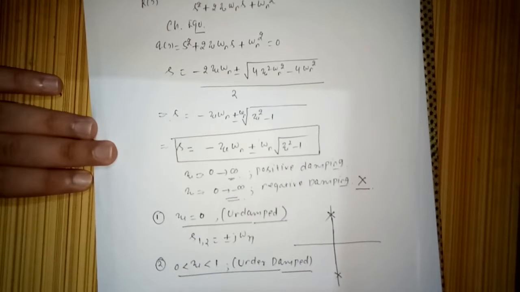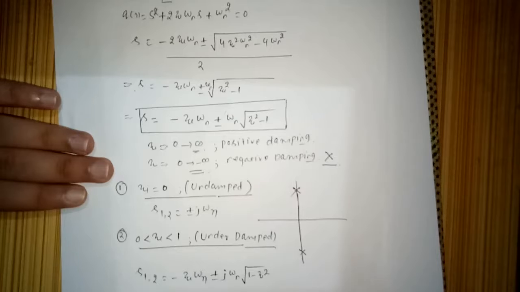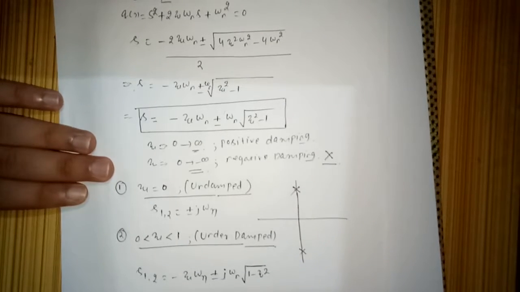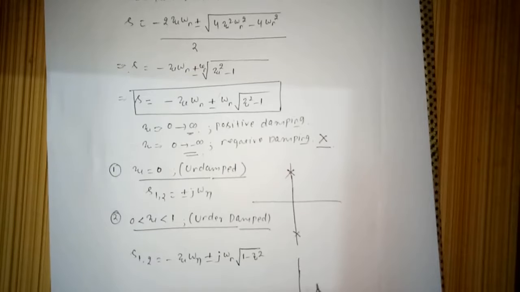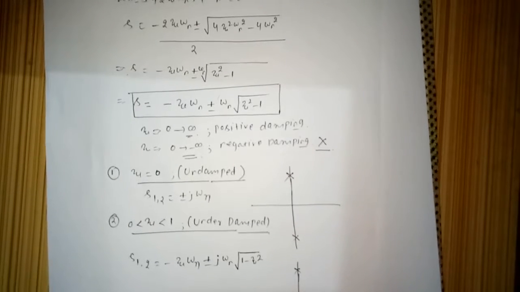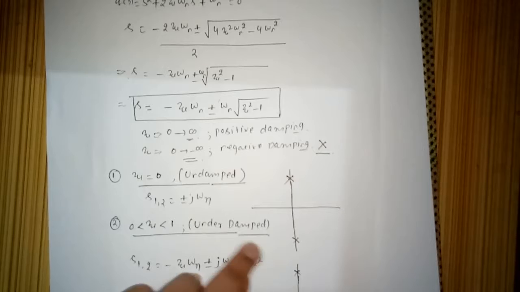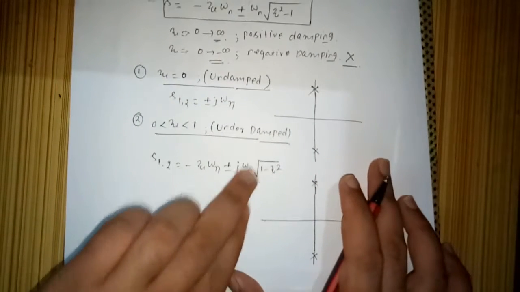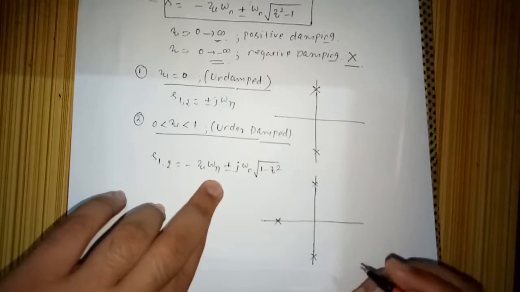So what I can write is plus minus j omega n root 1 minus zeta square, right? That's how I define it, and I show its movement with zeta from 0 to 1. When zeta is 0, it was at this location, and when zeta is equal to 1, this part will be 0, and I'll have here minus omega n, right?